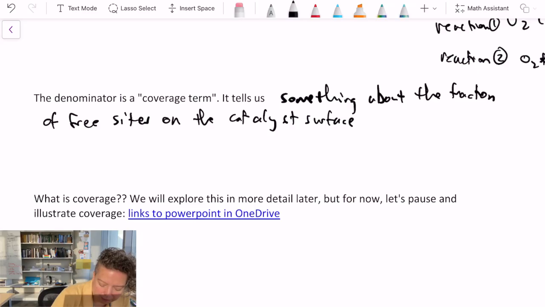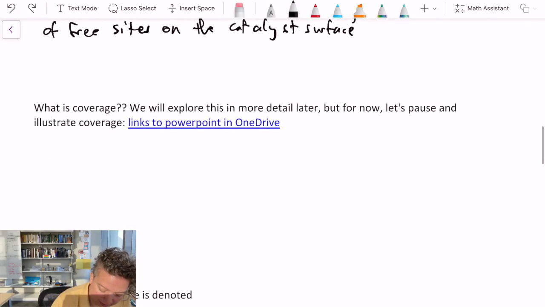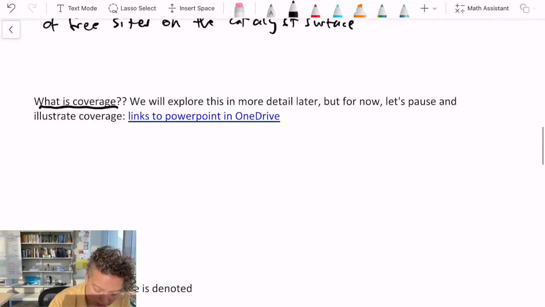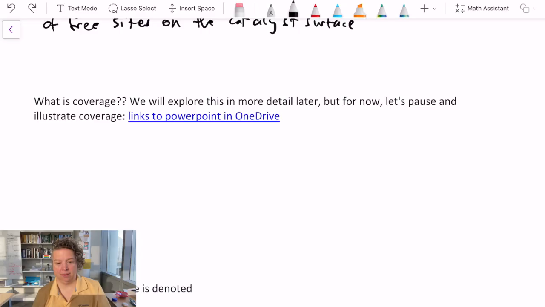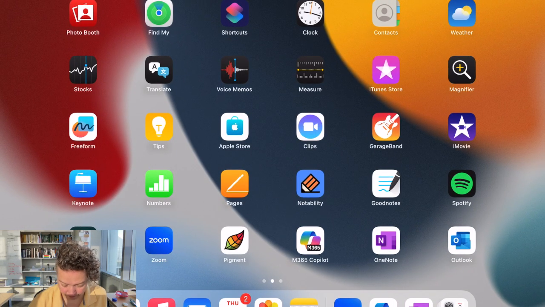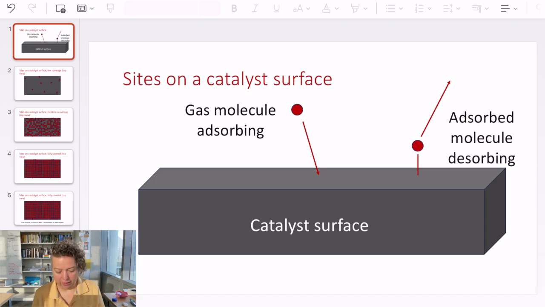So here I'm talking about coverage, which is probably a new term. What is coverage? We will explore this in this class more later, but for now, I want to give an illustration of coverage.